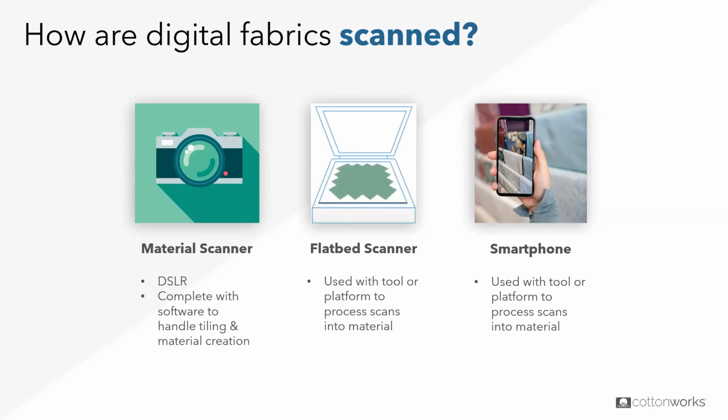You could also use a flatbed scanner or a smartphone to get images of fabrics. And typically, when you use those two options, you also use a material creation platform or an art tool, such as Seti Textura, Swatch Book, Swatch On, or an art tool like Substance Designer by Adobe to help you process your scans into a complete material.